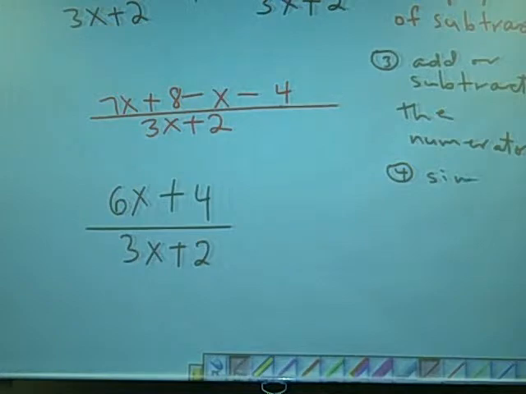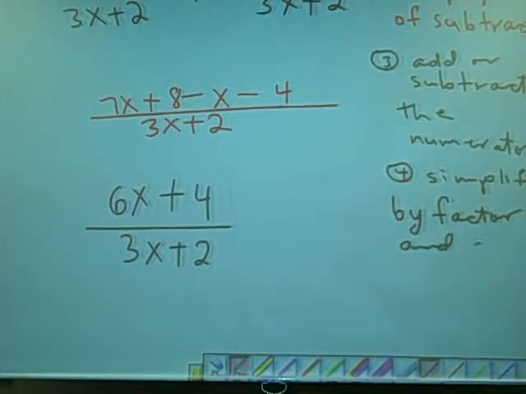Step 4, simplify if we can by factoring and canceling like terms, or like factors, I'll put.